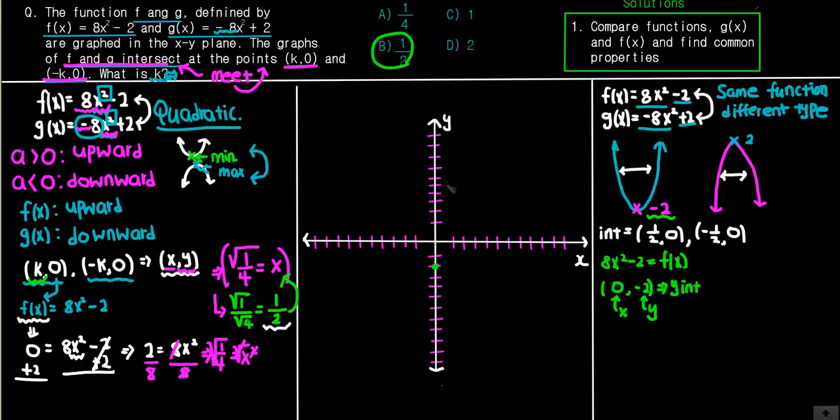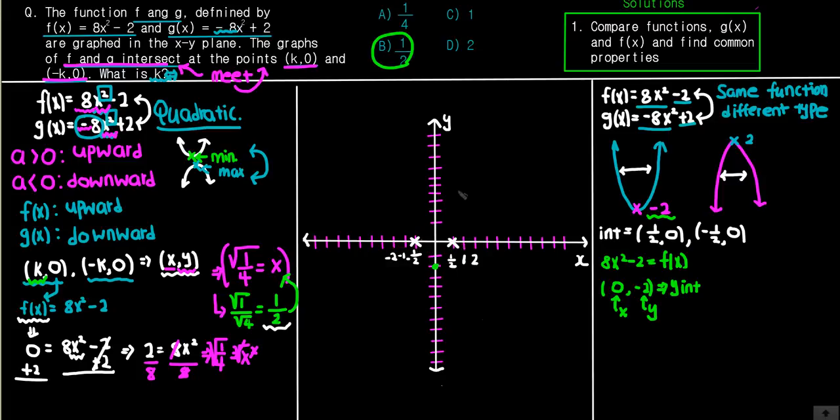And let's think about some points. We can figure out the intercept points, so we can actually graph the intersect point. It is 1 over 2 comma 0, which is going to be this: this is 1 over 2, this is 1, this is 2, and this is positive 1 over 2, positive 1, positive 2, which is going to be right over here, and then right over here.